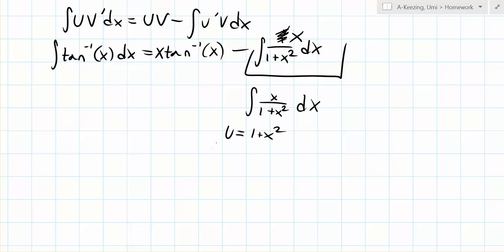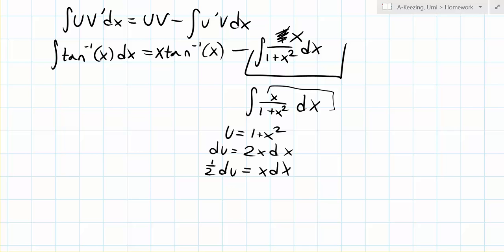So in that case, du would equal 2x dx, simple differentiation. So now let's just isolate x dx, because we know that that's what goes in the problem here. So then 1/2 du equals x dx.